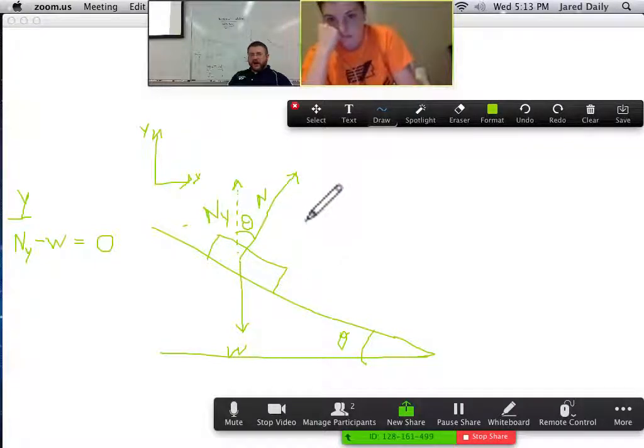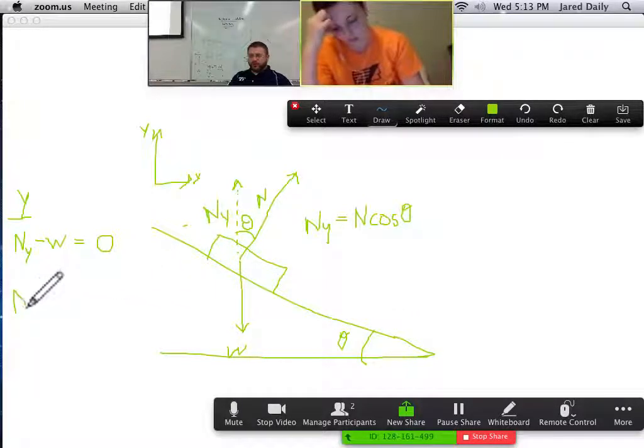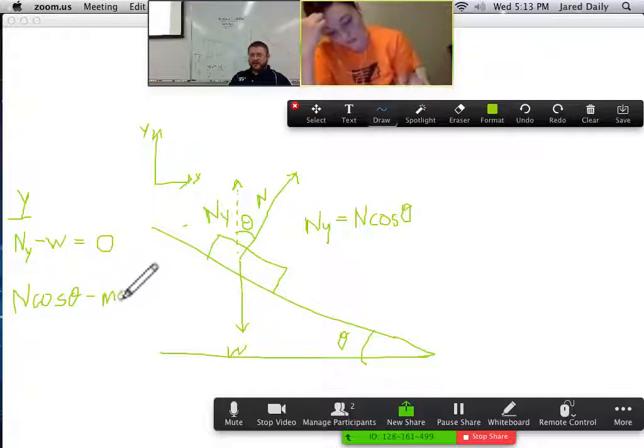The normal in the y direction is adjacent to the angle theta, so it's going to be the normal force times the cosine of theta, right? So now this equation is the normal force times the cosine of theta minus the weight, which is m times g, equals 0.